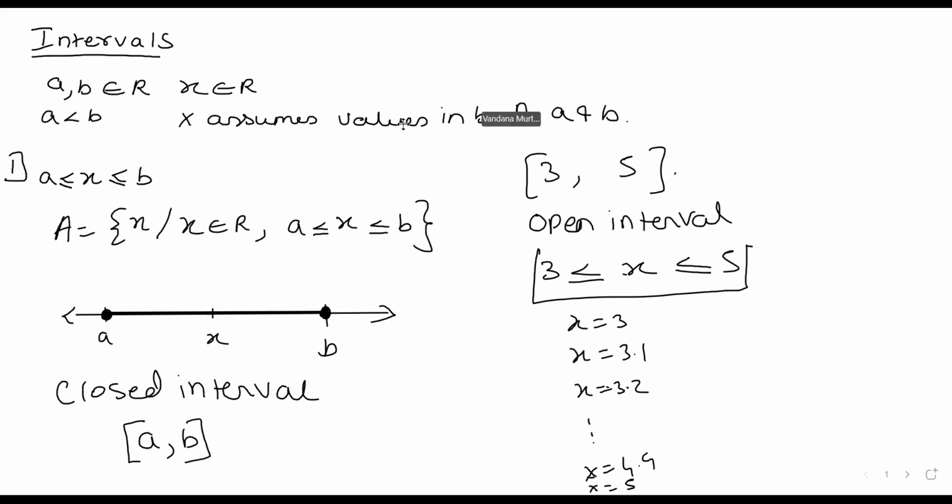Now let us make some change and see what is the next type of interval. Suppose I will say that x is greater than or equal to a, but x is less than b. मतलब x जो है वो a की वैल्यू को तो assume कर लेता है, लेकिन b को assume नहीं करता है.